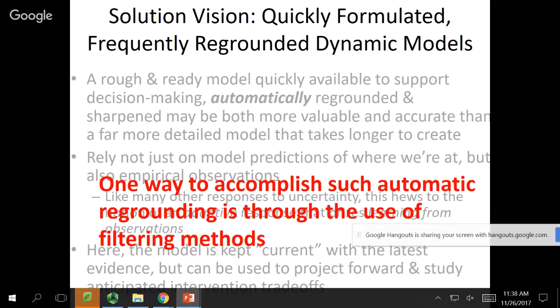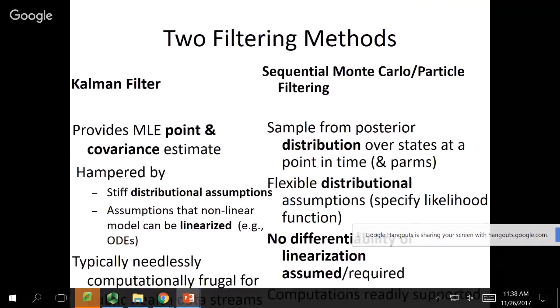And particle filtering is an example filtering method. It allows us to take a model and evidence over time and bring them together to get an updated estimate for the current model state, which can then be used to look forward.